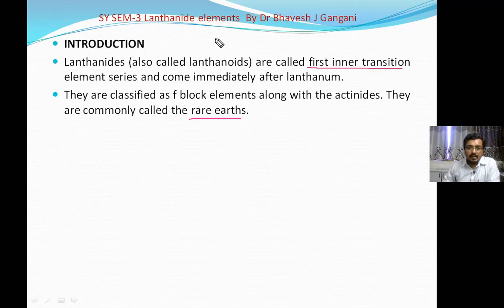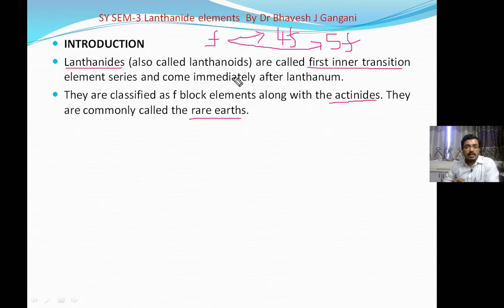When we take F block elements, there are two series. First, the 4f series: it means the last electron is filled in the 4f orbital, and these elements are known as lanthanide elements. If the last electron is filled in the 5f orbital, meaning the 5f orbital is completely or incompletely filled with electrons, then it is known as an actinide element.